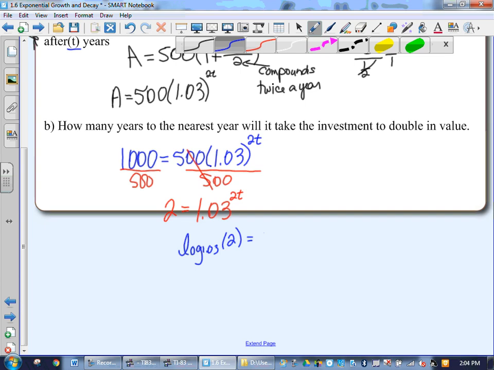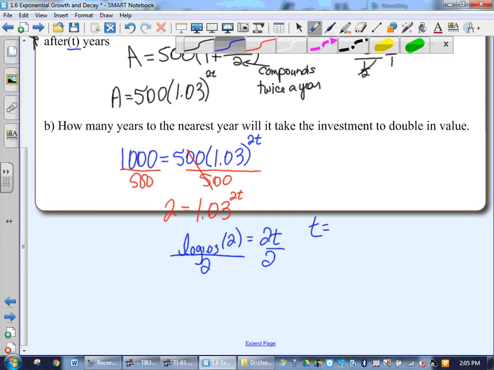So the amount of time it should take is, just going to figure that out, 11.7 years.